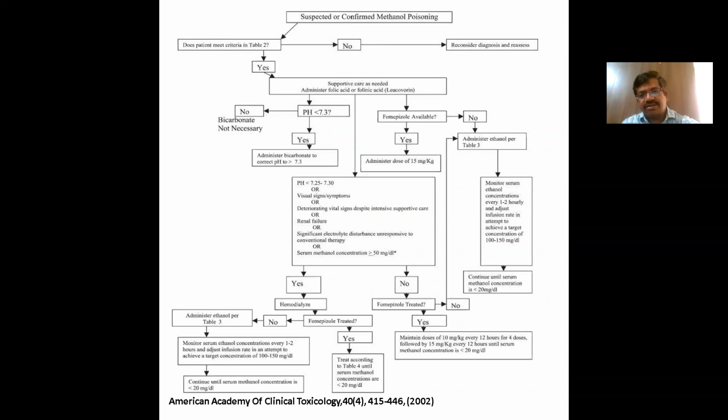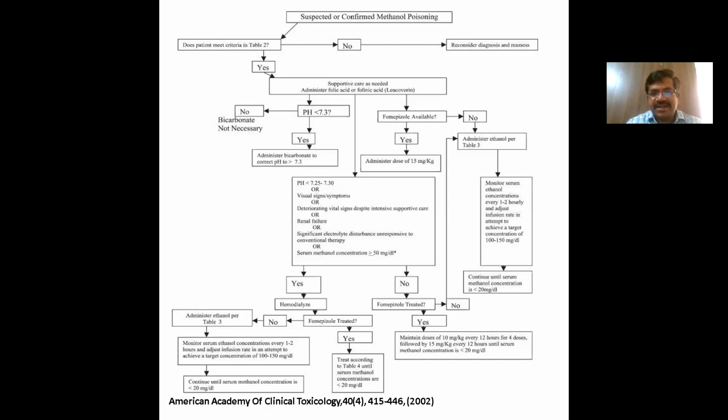So it starts with suspected or confirmed methanol poisoning. Does the patient meet the criteria in table 2, the one I showed previously, with arterial blood gas and those things? If no, you have to reconsider the diagnosis and check again. If yes, then we go for supportive care and administer folic acid or folinic acid, that is leucovorin. Then we check the pH.